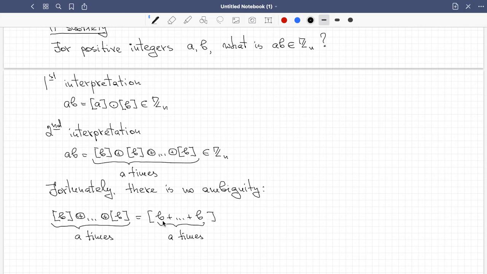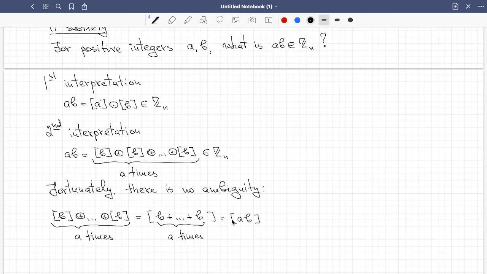Here b is already an integer. So b plus b plus b, a times, is ab, just by the definition of multiplication of integers.